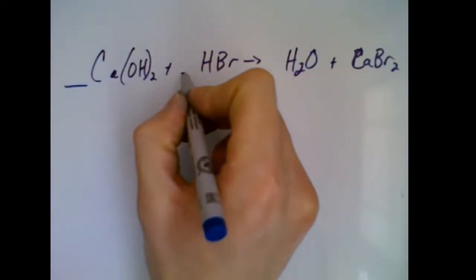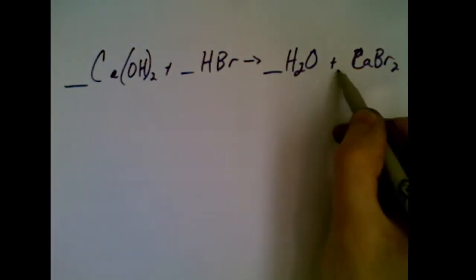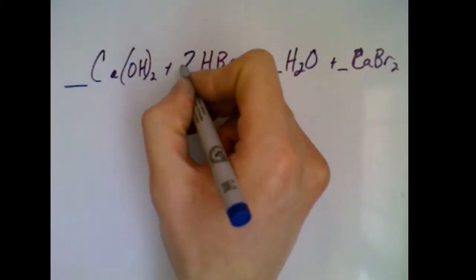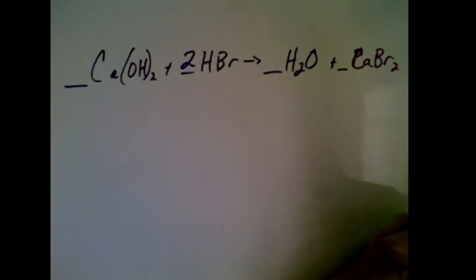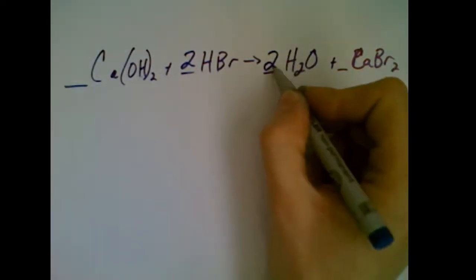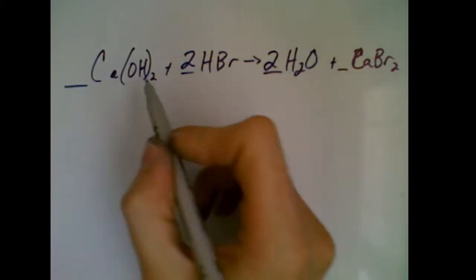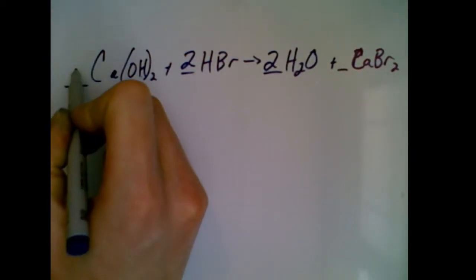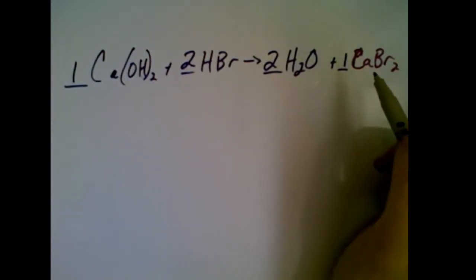And now we want to balance this, so we would say, okay, I have 2 Brs here, I need 2 Brs here, that gives me 2 H's, and another 2 H's is 4 H's, so I need 4 H's, gives me 2 O's, here I've got 2 O's, and now we're balanced.